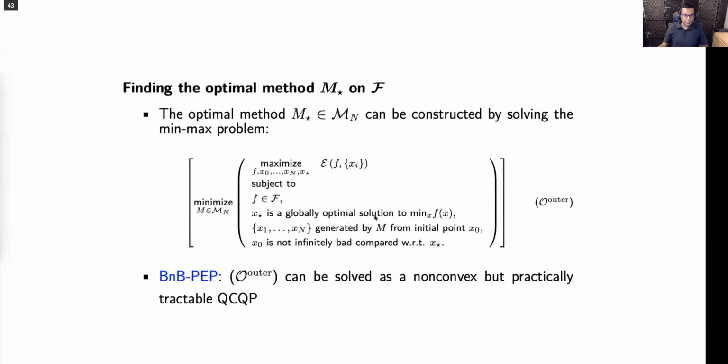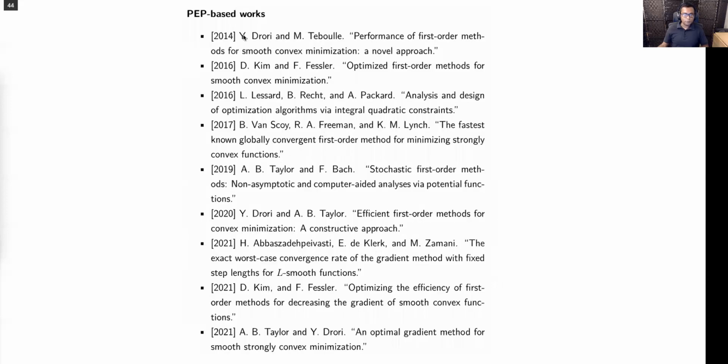But again, note that the inner problem can be solved for a known algorithm as an SDP. I need to do a very brief literature review of PEP-based work. Of course, this is not exhaustive, so I apologize if I have missed any work on PEP, but here I am mostly trying to focus on those works that try to discover efficient methods based on PEP.